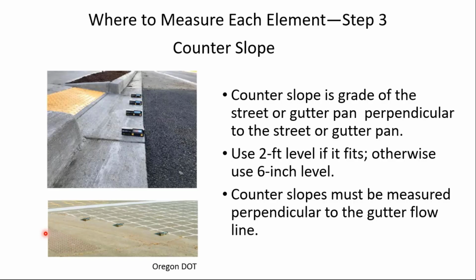I don't know that I can quantify it, but I would say if the debris or whatever is to the point where it's sort of covering the truncated domes such that they cannot be detected, that's maybe not a safety issue, but that would certainly be an accessibility issue. But also I've seen, and again, I don't know that we could quantify it, some cases where there's maybe mud on the landing that could be a safety issue in terms of a slip and fall hazard.